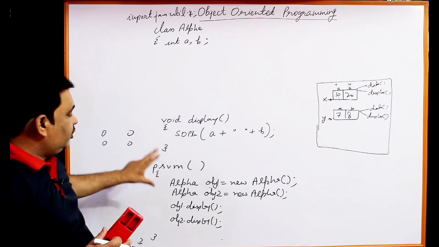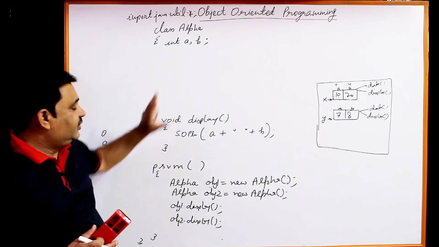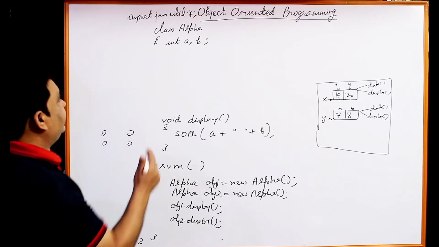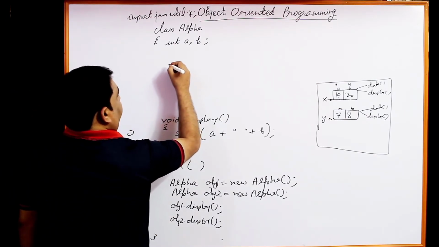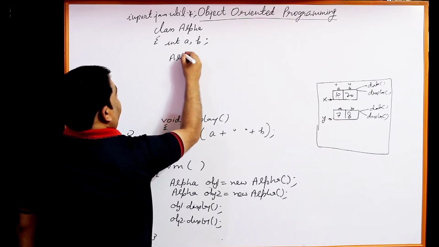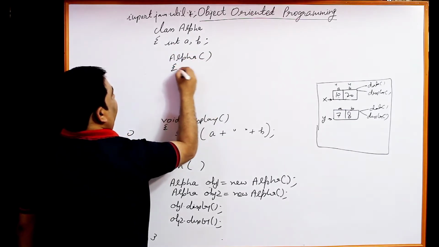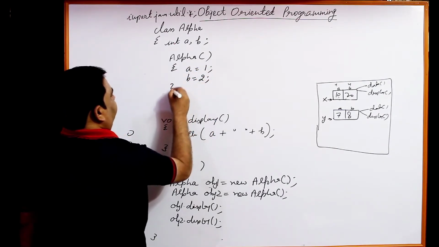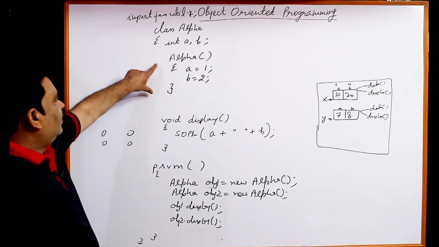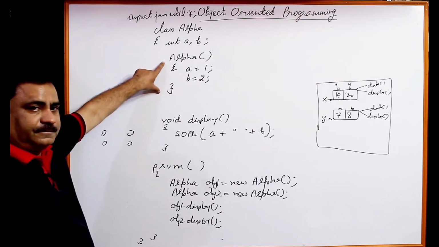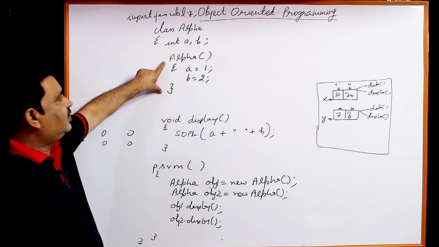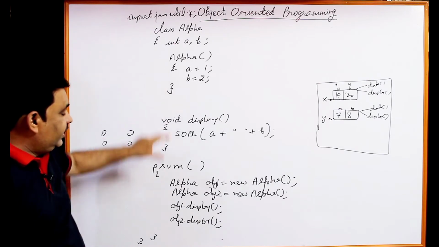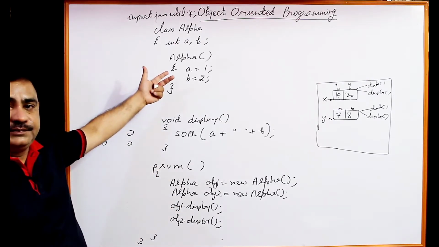Now suppose you don't want to initialize with the 0 0 here, default values, you can change the default values. Just make one method with the same name which is of class alpha. You can write a equal to 1, b equal to 2. Now this is the method alpha, which is having same name of class. It is not the simple method, it is called the constructor. And you don't have to call like this object1 dot alpha.